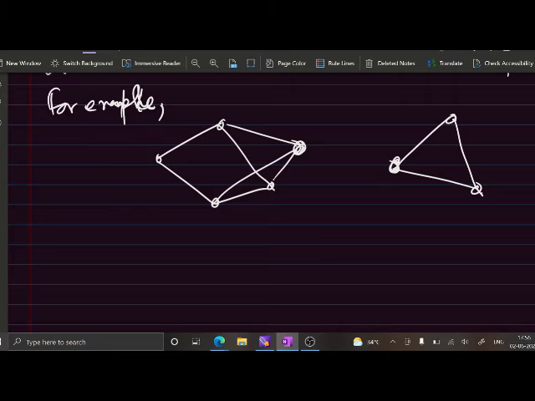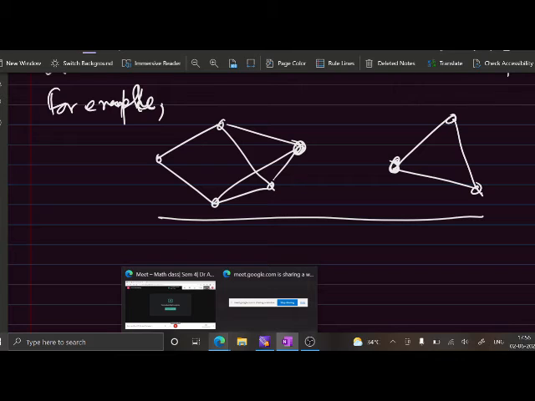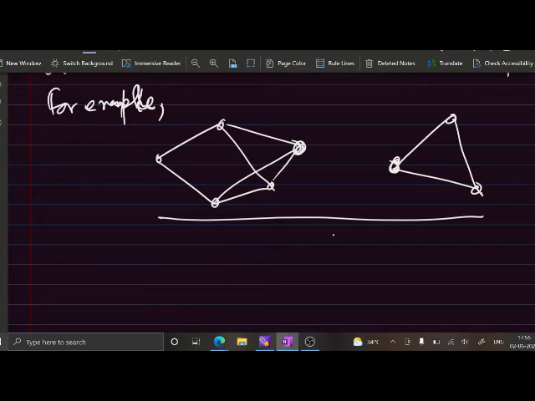For example, if you take these two graphs together, then each of them will be called a connected component. So here is our next definition, called component.